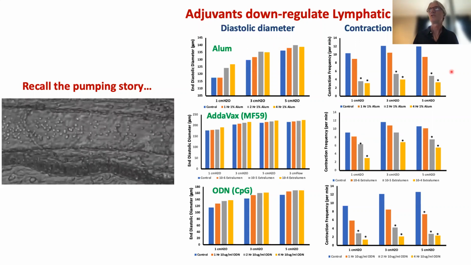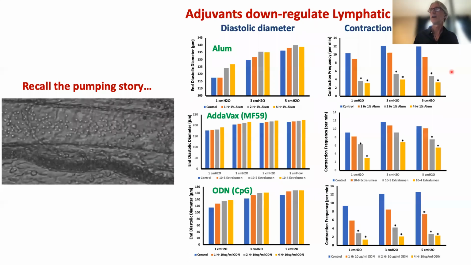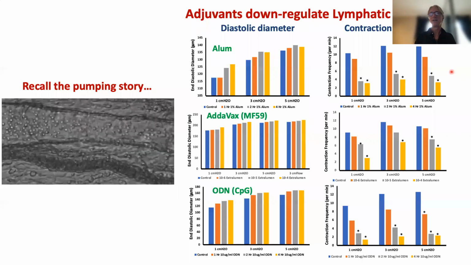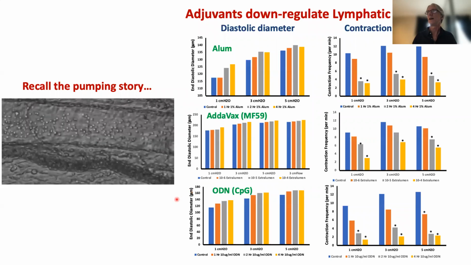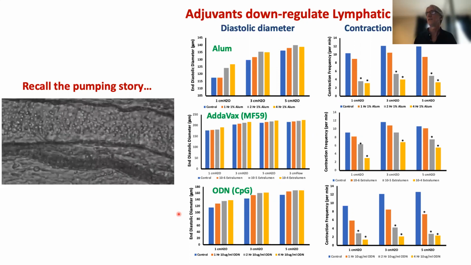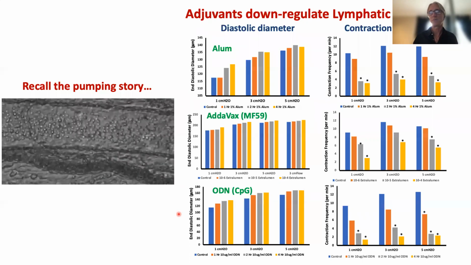In other words, this shuts down lymphatic pumping. And you think, well, we just didn't expect this at all. We thought it would kick up lymphatic pumping, right? So it shuts down lymphatic pumping. And these are the other two kinds of adjuvants I told you earlier, the oil and water emulsion and the TLR activator. So every adjuvant we've ever tried shuts down lymphatic pumping.